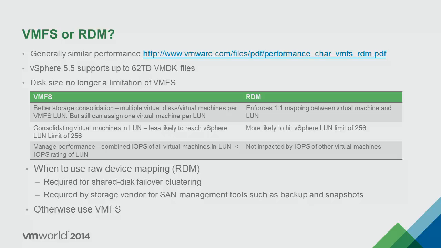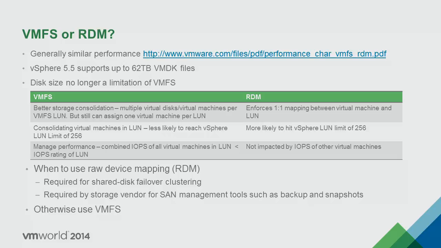Some customers have invested a lot of money in those tools, and they want to continue to use them to get deep inspection in the performance of those LUNs. And the other one might be your backup solution. So check with your backup vendors. Some may want the RDM for the way they do the backups.